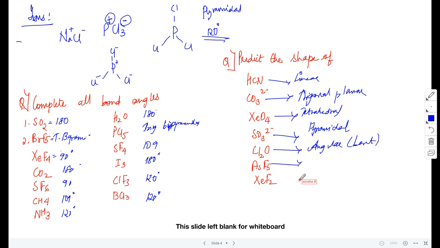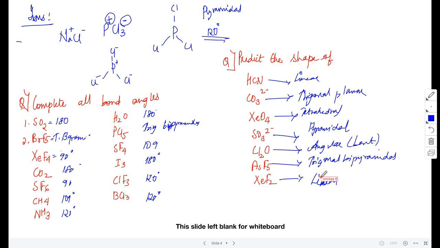The next one would be trigonal bipyramidal, and the last one would be linear.